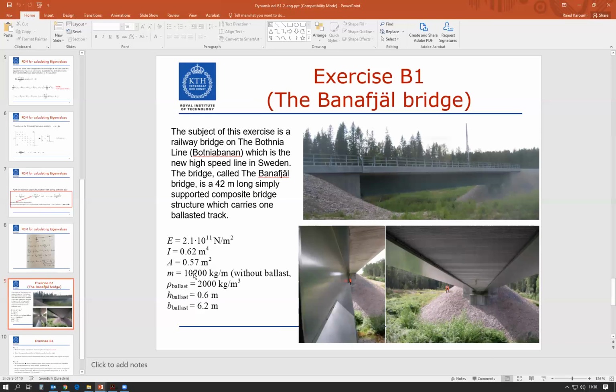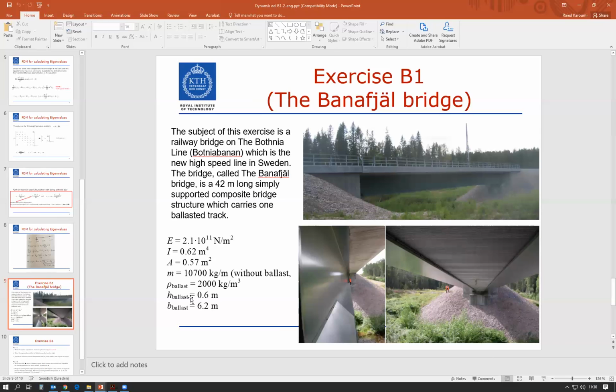Now, you have to include the mass of the ballast, of course, in this. And this is something that you'll have to think of when you do the modeling. How can you incorporate the mass of the ballast? I can give you a hint. The easiest way of doing it is to calculate an equivalent density, because you have an area. This area includes the steel and the concrete, an equivalent section area for the steel and concrete.